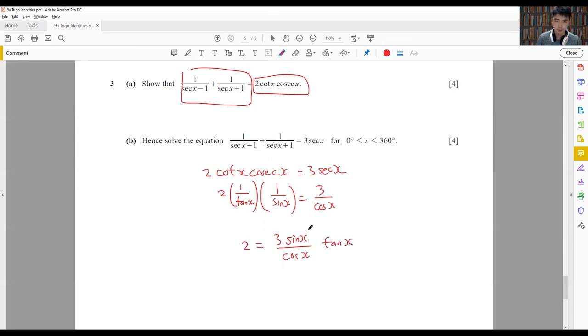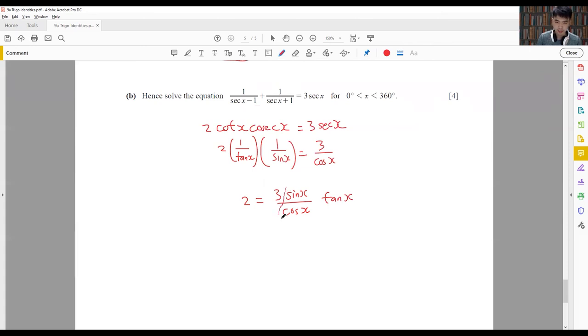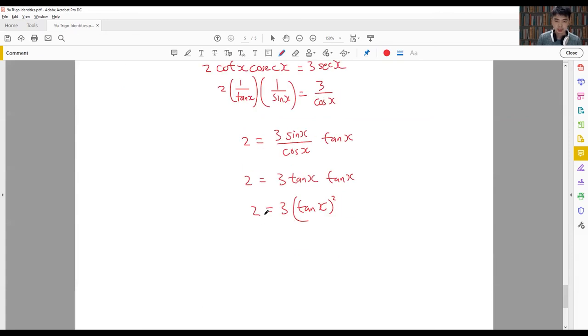And from here, we will be able to see that this changes into tangent x. 2 equals 3 tangent x times tangent x, or in other words, 3 tangent x square, like this, equals 2. So 3, I'm going to move over to the left-hand side. Sorry, 3, I'm going to move over to the left-hand side. And we will have tangent x square equals 2 over 3.